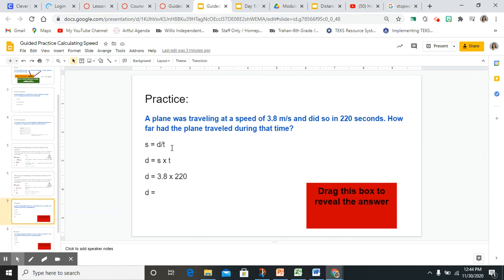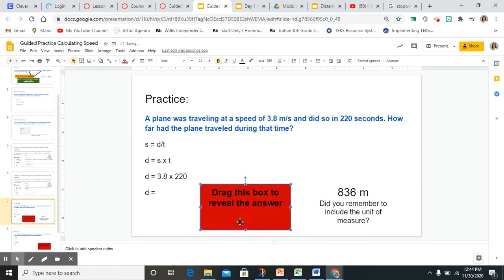If speed is distance divided by time, and when we change the formula, we know that distance is speed times time, then we would take our speed of 3.8 and multiply it by our time, which is 220 seconds, and we would get our distance. So I'll give you a second to go ahead and do that. And your answer should be 836 meters.